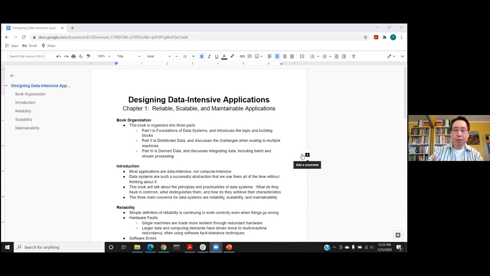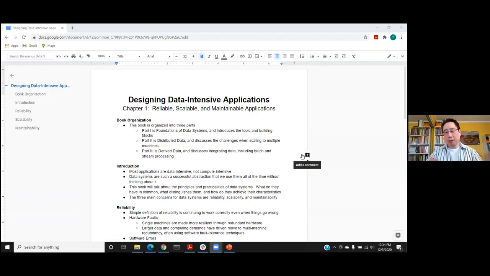So looking ahead, the way the book's organized, there's three parts. The first part is foundations. Chapter one, he introduces the topic and then he goes into building blocks. You look at data models and then how you actually store things in terms of being able to find things on disks, and then even further down a layer, how exactly you encode information when you're storing it.